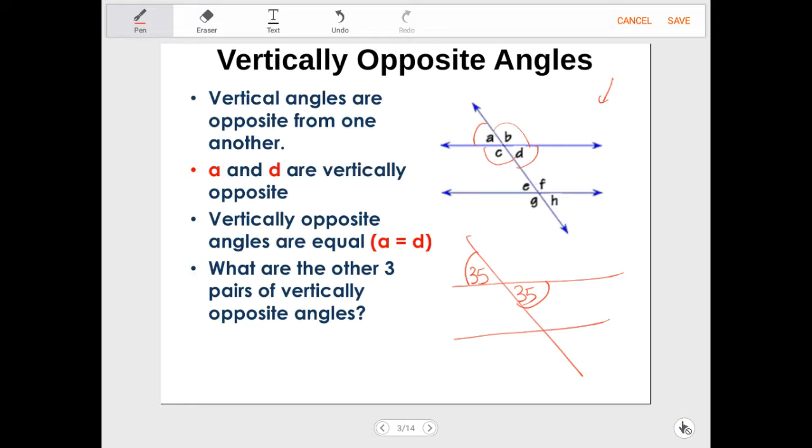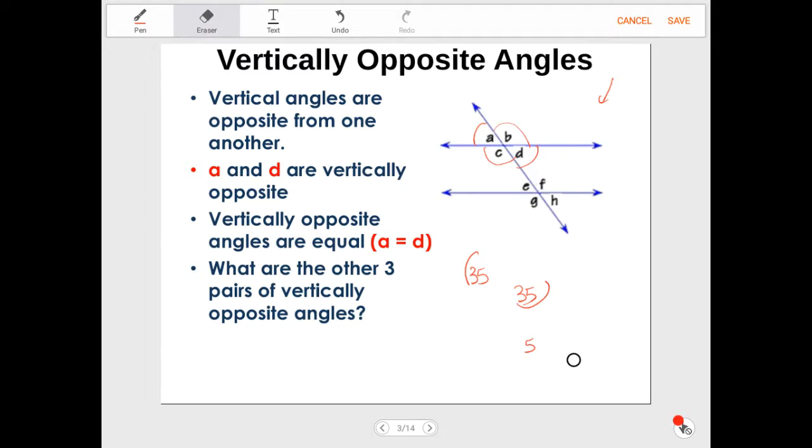If this one was 57, for example, you would know this one would be 57. So vertically opposite angles are angles that are up and down from each other. They're just equal. No big calculations. If you know that relationship, you can figure this out.